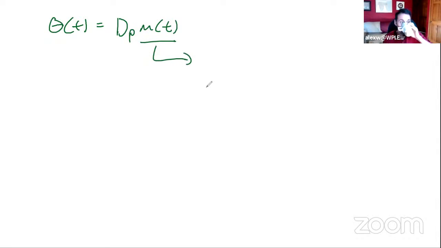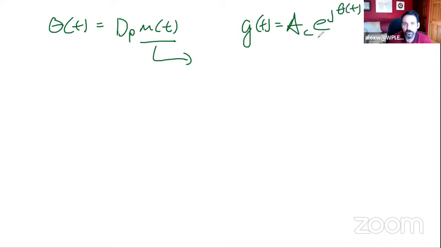So for instance, if we were to do the following. Let's say m of t, and recall again that g of t is equal to AC e to the j theta t, right?